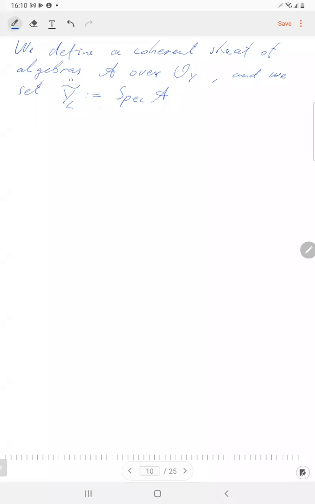Okay, so how do we define this coherent sheaf of algebras?